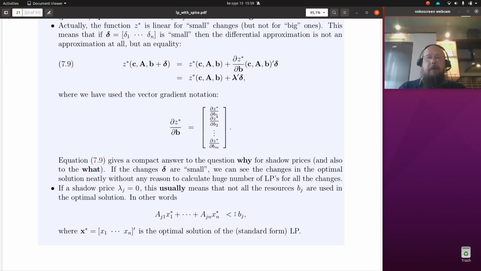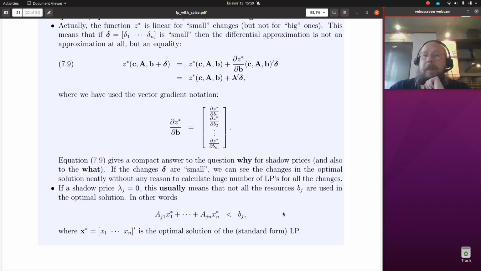I mean it's not completely true, but it's true enough that if you have a zero shadow price, this means that you are not going to give anything for an additional resource, then it means that you have that resource left. So why would you give any value to an additional resource if you are not using the ones you already have?